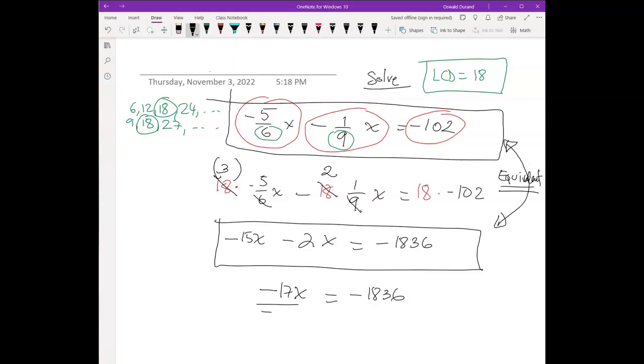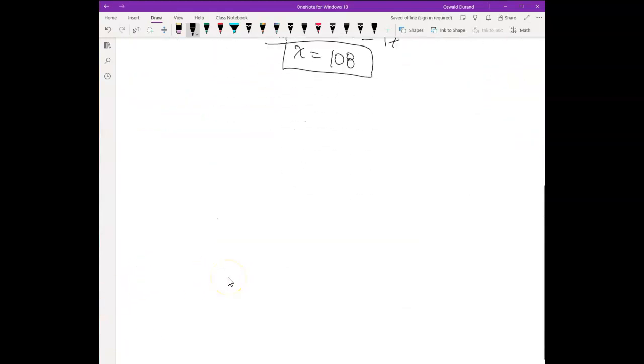You divide by negative 17, and you get x equal to 18.36 divided by 17. That's 108. And it's positive because negative divided by negative is positive. That's it. That's the first one.